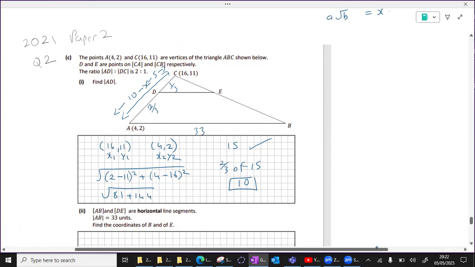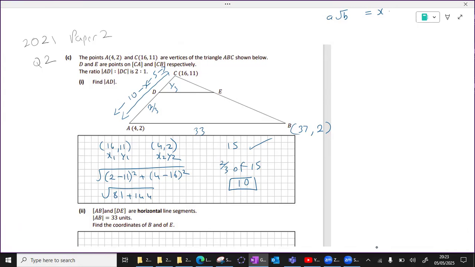Find the coordinates of B and E. Okay, so if I have a length of 33, that only affects the 4, because if I'm on the same horizontal line, that remains a 2. And if I'm 33 units over, then 33 units over from 4 would be 37. So that would be (37, 2) are my coordinates for B.